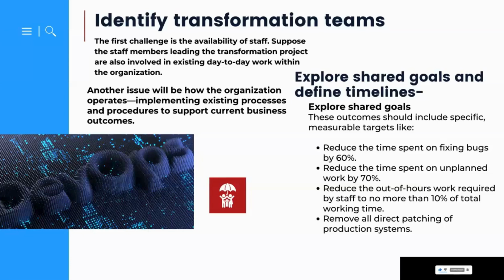Another issue is that the organization operates by implementing existing processes and procedures to support current business outcomes. So the disruption required for a true DevOps transformation will usually challenge existing processes and procedures. Doing that is often difficult, right? So for DevOps promotion, a separate team should be composed of staff members who focus on and measure the transformation outcomes and are not involved in the day-to-day operational work.